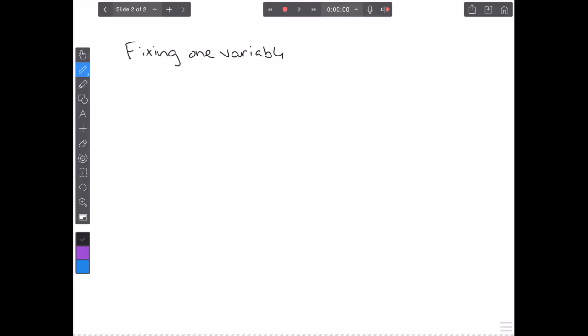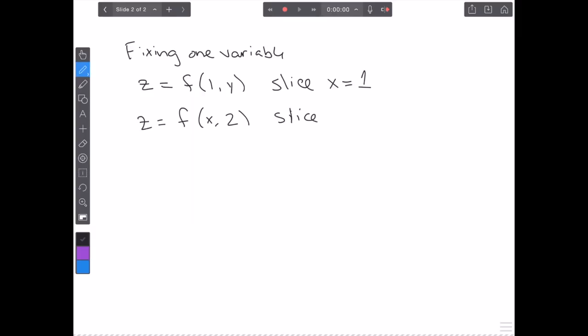In other words, what would it look like if z is equal to f of 1 comma y? We fixed a value for x and we let the value of y be variable. So this is a slice through x equals 1. Or we could do z equals f of x comma 2, and this is a slice through y equals 2.